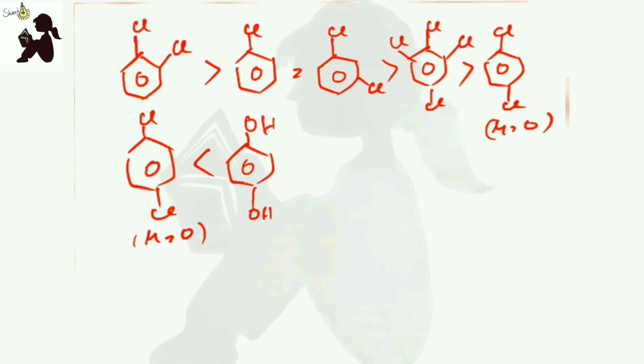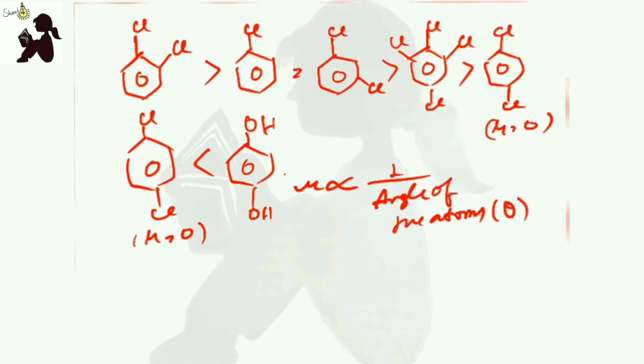That is practically derived, and also you can see that dipole moment is inversely proportional to angle of the atoms. So this factor is also going for it, because OH has plus M character and Cl has minus M character. So we will learn it in organic chemistry. For now, know that it is practically derived that its dipole moment is not 0.